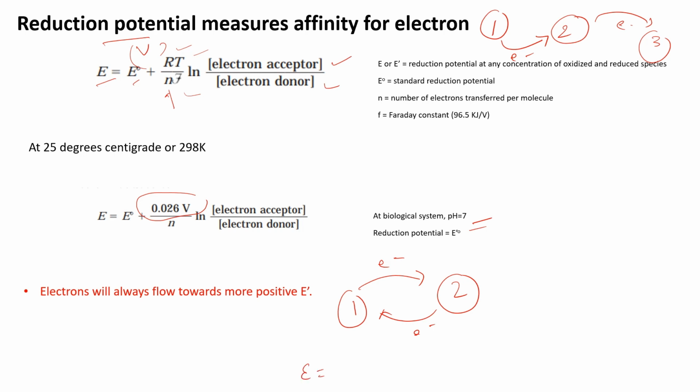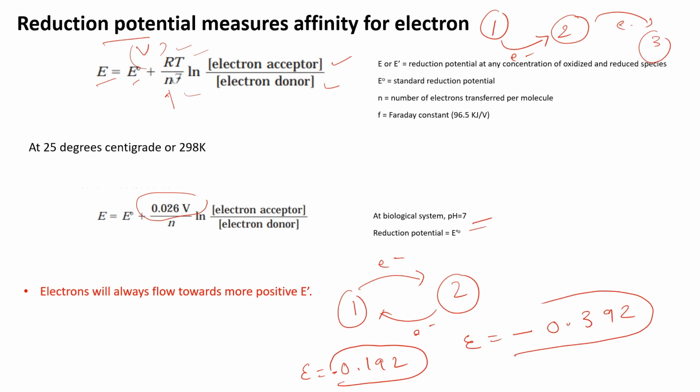Say the reduction potential value for 1 is minus 0.192 and for 2 is minus 0.392. Among these two, which value is more positive? Minus 0.192 is more positive compared to minus 0.392.